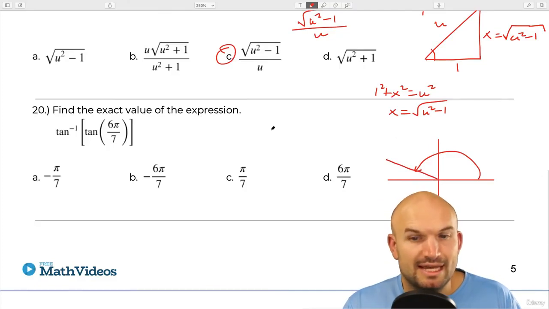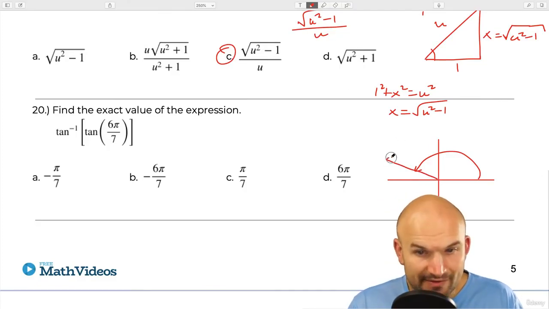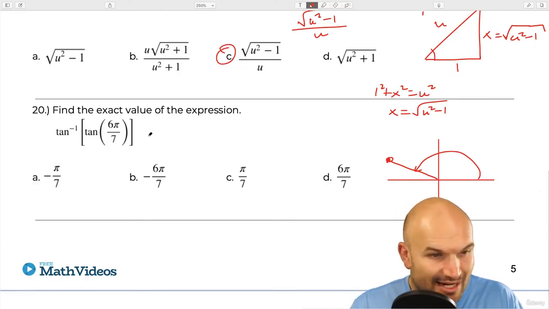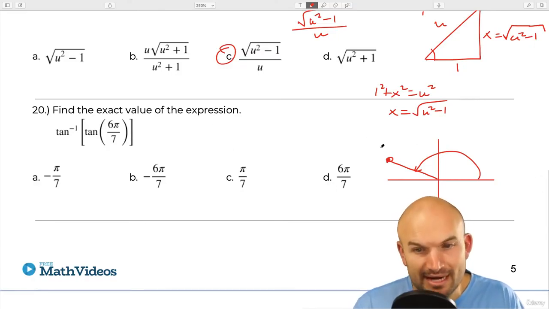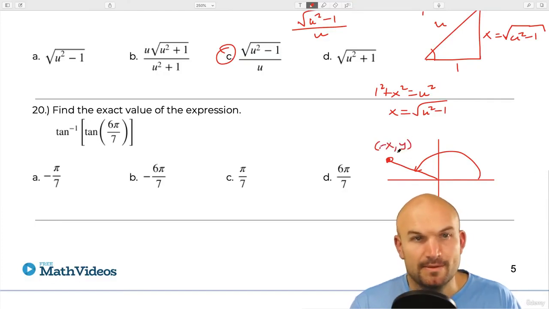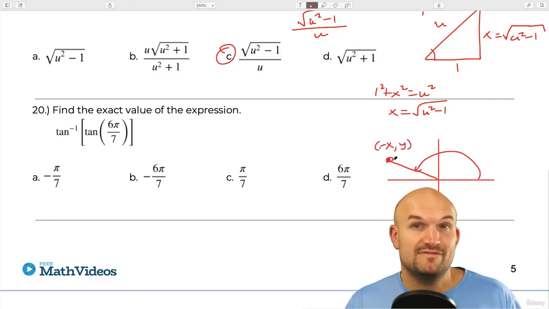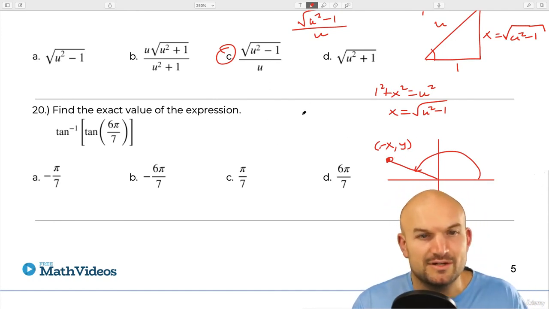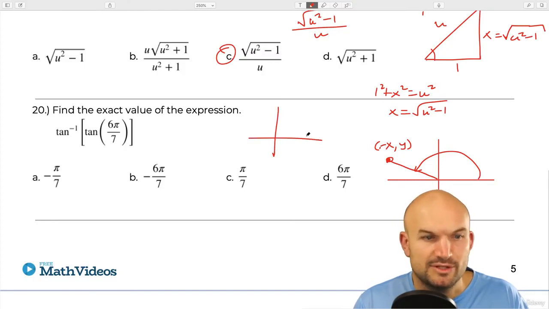The cool thing about this is, I don't really know much about this angle, but I know that it's going to give me a negative value, right? So I'm going to have a negative x coordinate and a positive y coordinate, okay? So it's going to give me some negative value. Now, the interesting thing, and I think the best way to understand this, is to go back to something we do know.